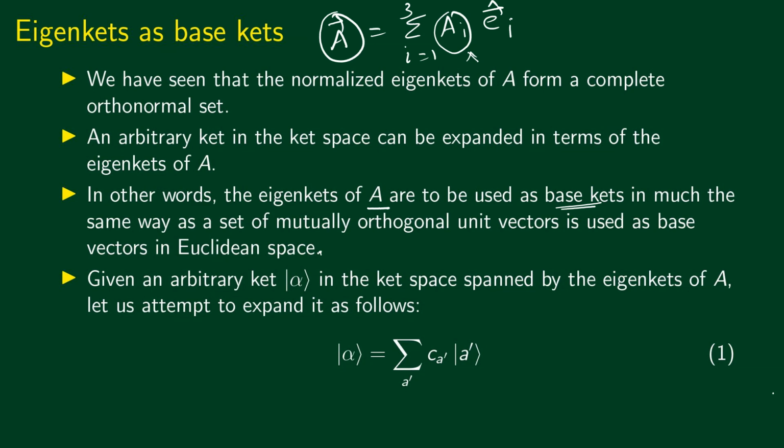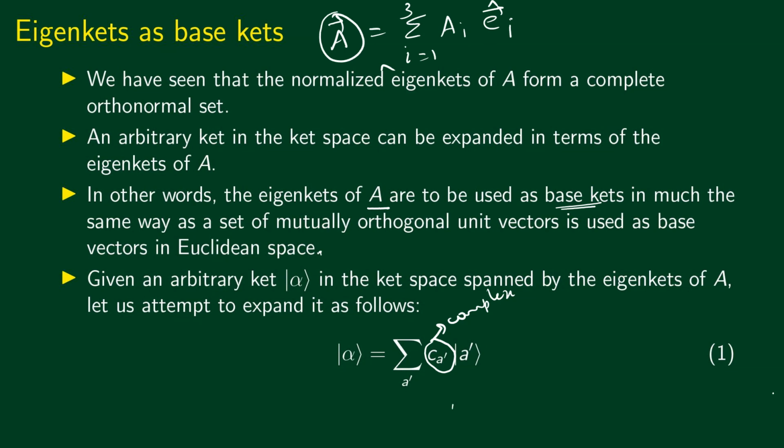Now this expression you can think of as a generalization of the expression that we are familiar with from the Euclidean vector space. In the Euclidean vector space, these expansion coefficients are real. In the complex vector space that we are talking about, the ket space, these expansion coefficients can be complex. That's one generalization. The other generalization comes from the fact that in three-dimensional Euclidean vector space, we have just three base vectors.